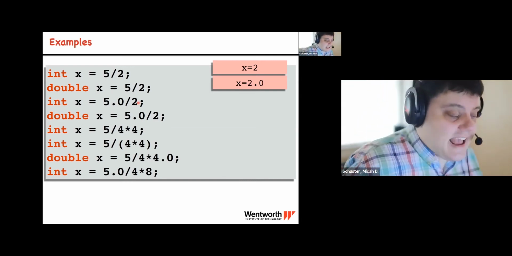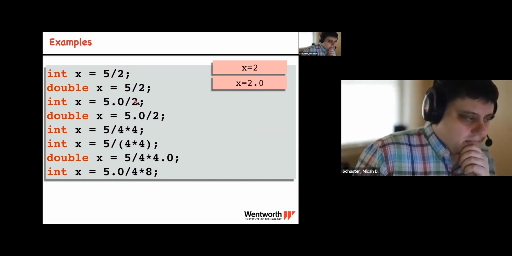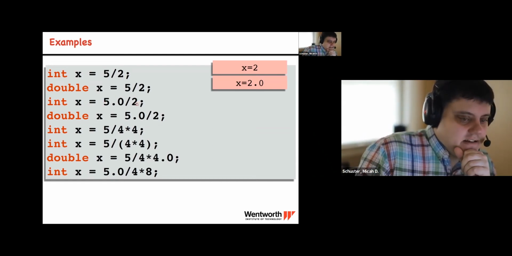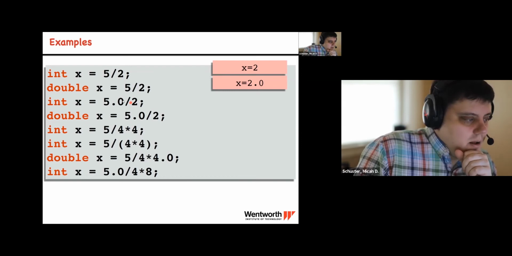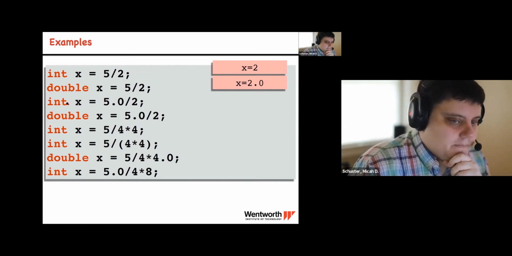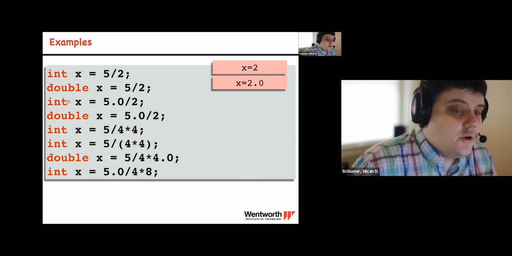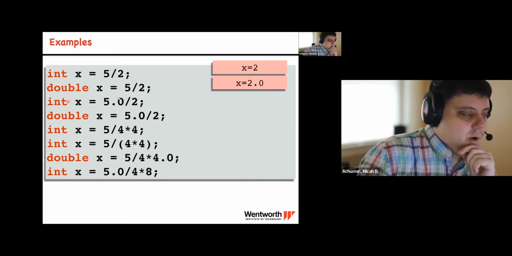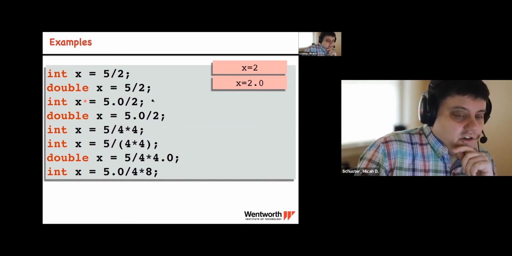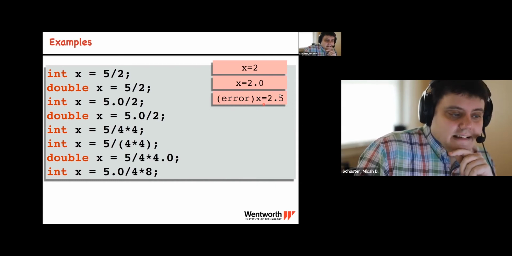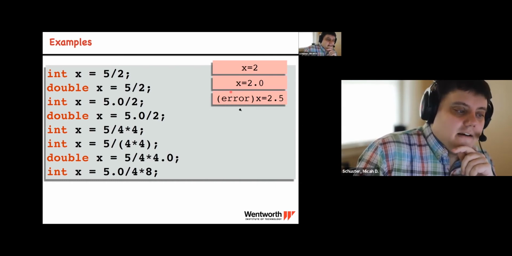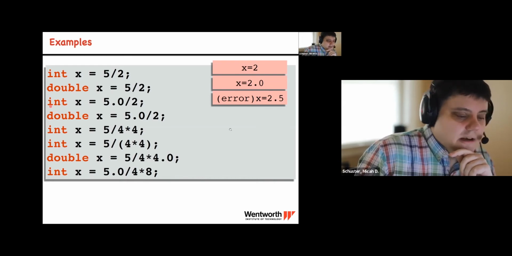I actually get 2.5. So the right-hand side is a double. But then I'm trying to save it into an int. That's a problem. This will give you an error, and I'm going to flip over to Eclipse here in just a moment to show you what that error looks like. So x equals 2.5, but you get an error by trying to save a double into an int.